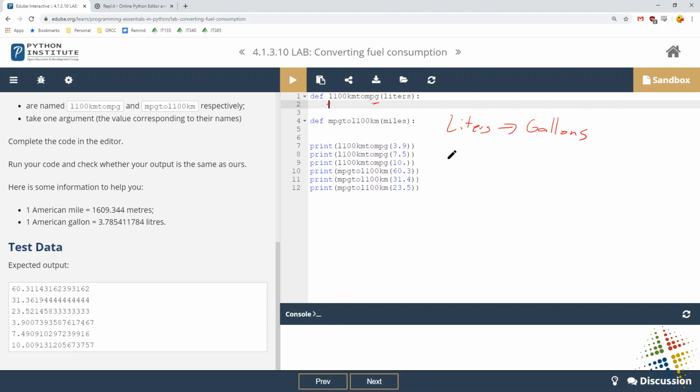And we need to convert kilometers, which just happens to be exactly 100 kilometers, into miles. Once that is done, then we simply take miles and divide it by gallons, and we get our output.